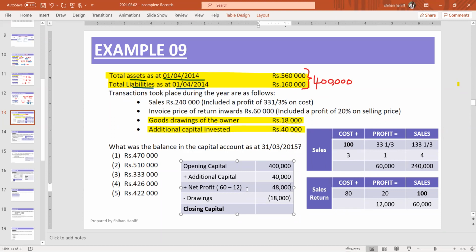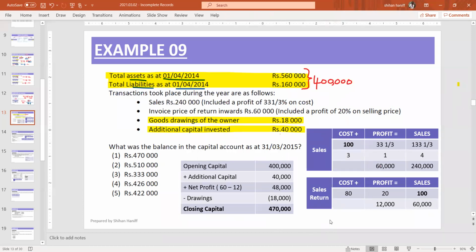So how much is the closing capital? 400 and what's the closing capital? Yes, it's 470. 470. Good.